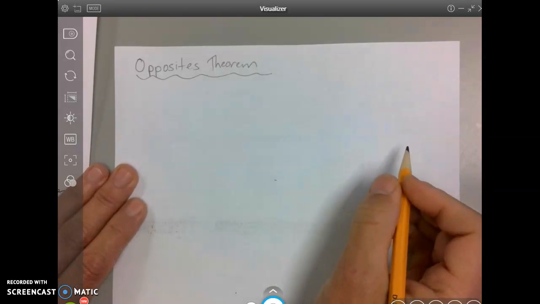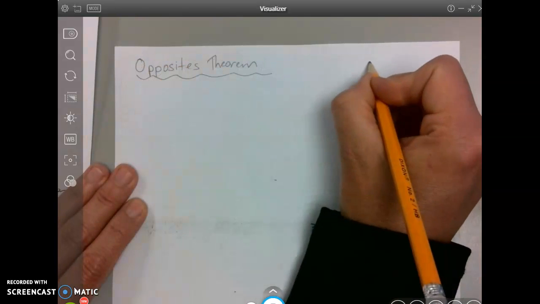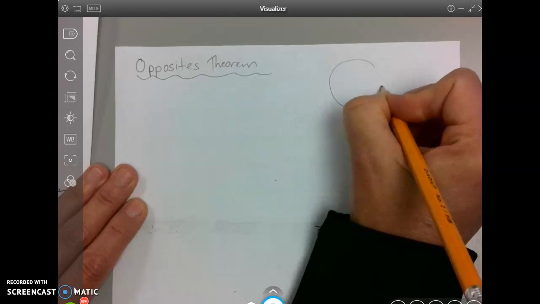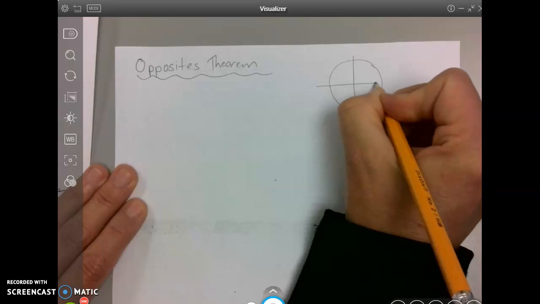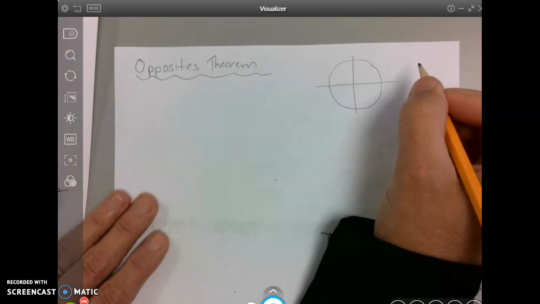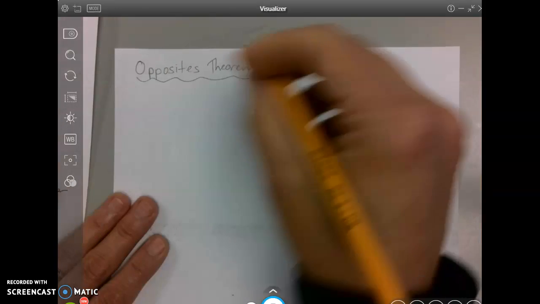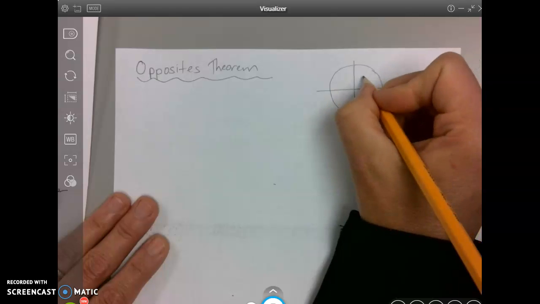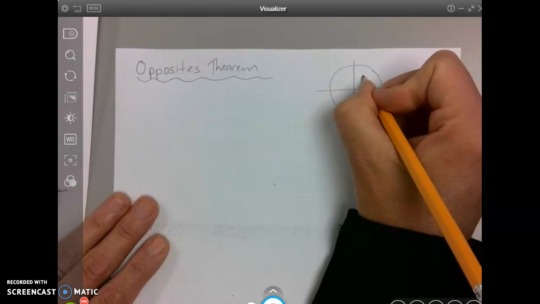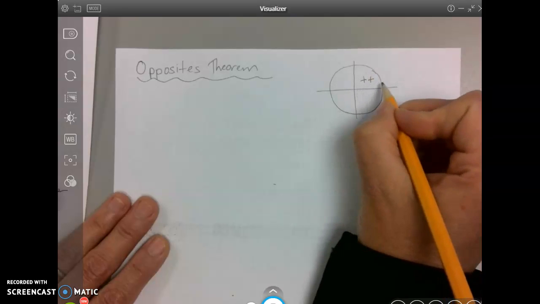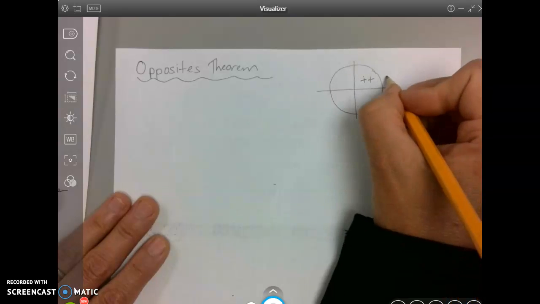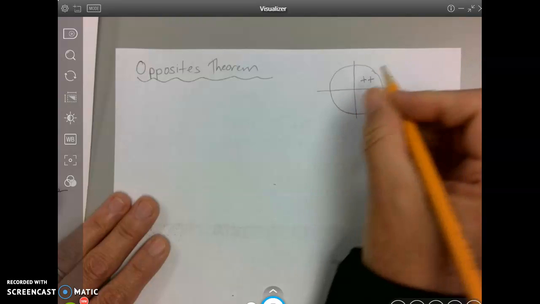Okay. And I'm going to draw a sketch of my unit circle. And in my sketch, I'm going to realize that in this first quadrant, cosine and sine are going to both be positive, and when I divide, I get a positive.